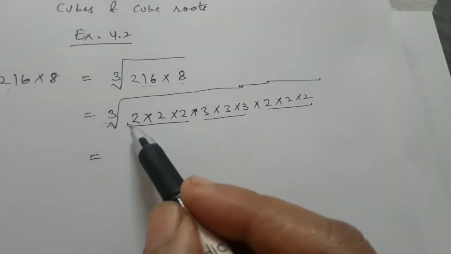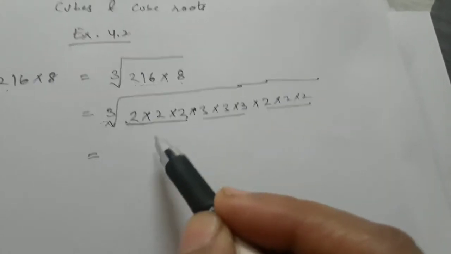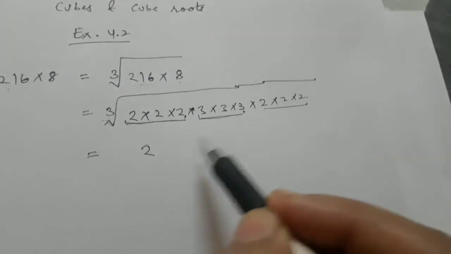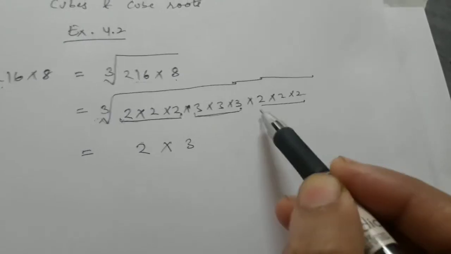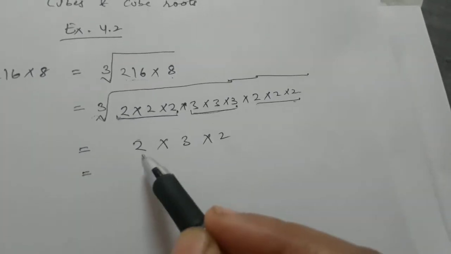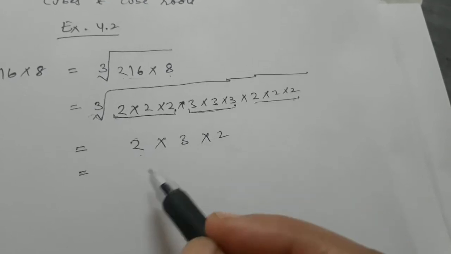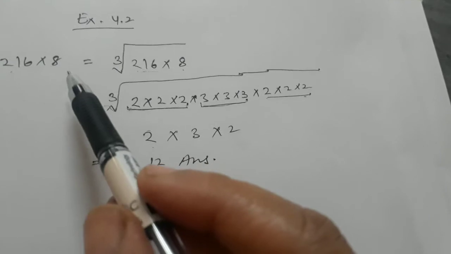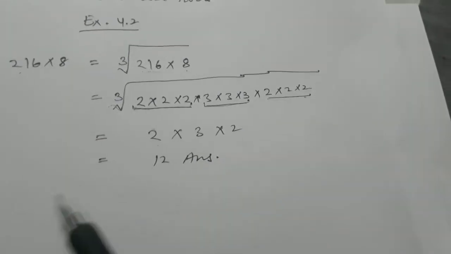From these three 2s, one 2 will come out. From these three 3s, one 3 will come out, and from these three 3s, one 3 will come out. So our answer would be 2 3s are 6, 2 6s are 12. So we can say the cube root of 216 into 8 is 12.